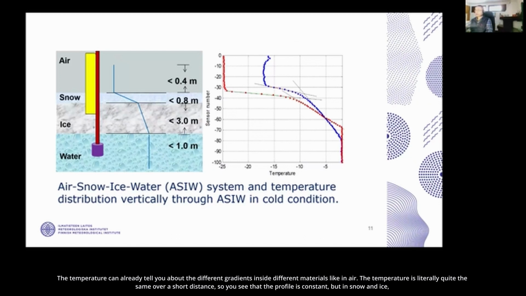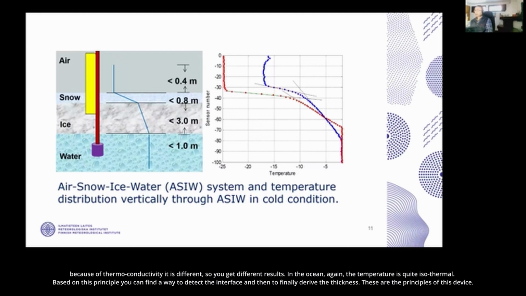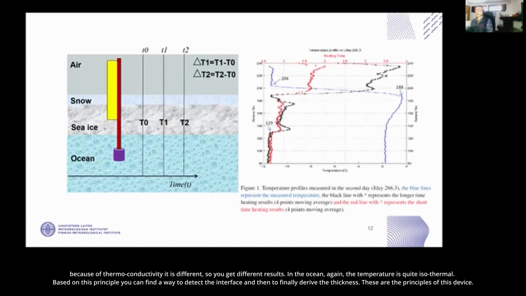So basically, you see the profile is like a constant. But in snow and ice, because the thermal conductivity is different, you get different results. And in the ocean, again, the temperature is quite isothermal. So based on this principle, you can detect the interface and then finally derive the thickness. This is the principle of this device.